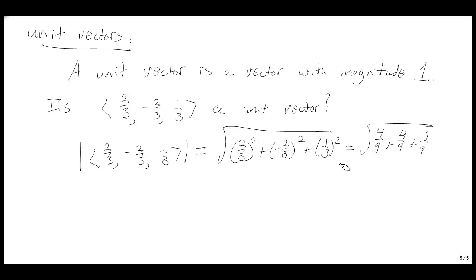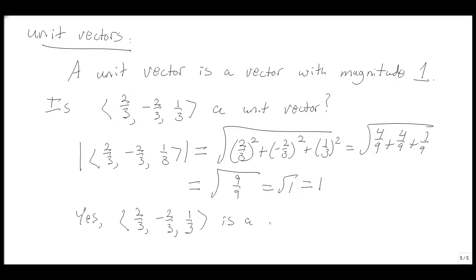So then that's the square root of, if I add these together, I get 4 plus 4 is 8, plus 1 is 9/9. So that's square root of 1, which is 1. So we got a magnitude of 1, and so that means that, yes, our original vector, the 2/3, negative 2/3, 1/3, is a unit vector.